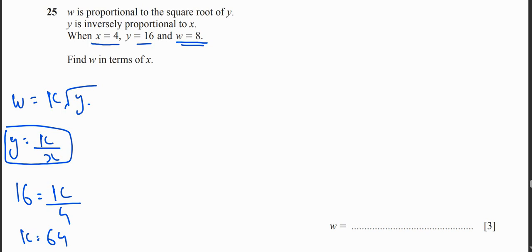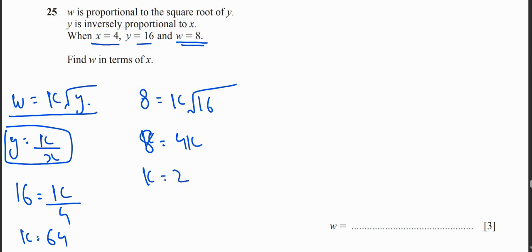Moving on, if I use this equation W is equal to k root y, I can say the value of W is 8, 8 is equal to k, and the value of y is 16. So 8 is equal to 4k, k is equal to 2.